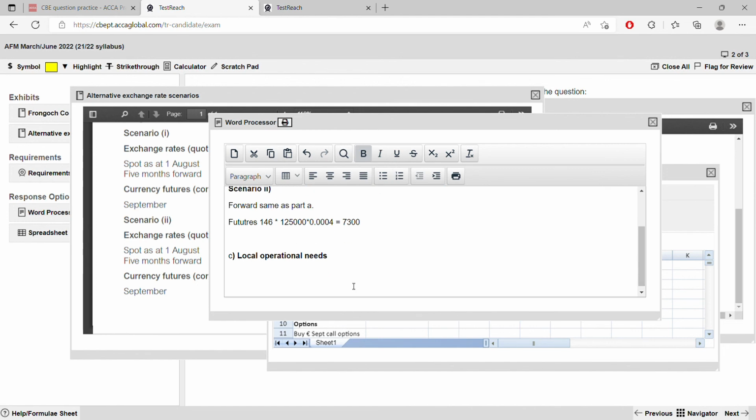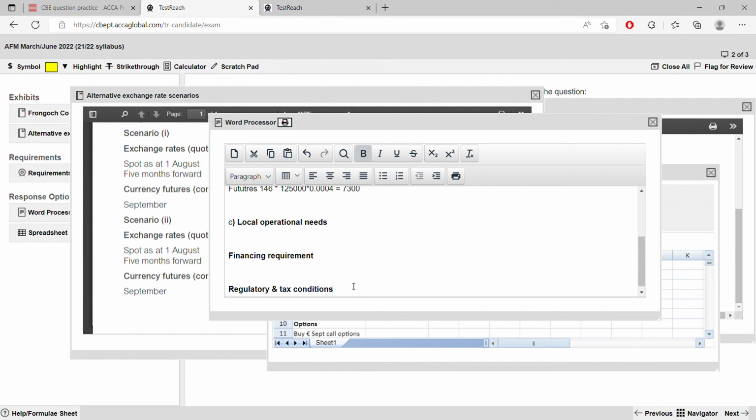Second point is financing requirement. Third is regulatory and tax condition. So these are the 3 points. Let me explain these 3 points.